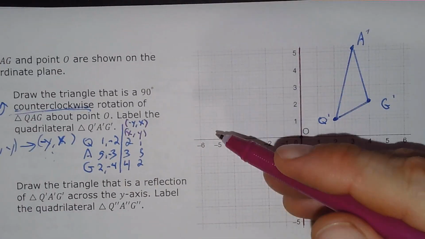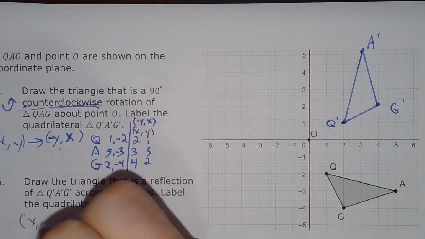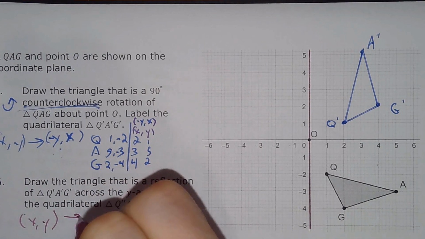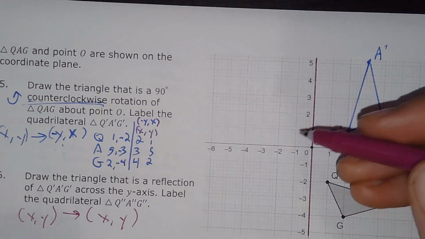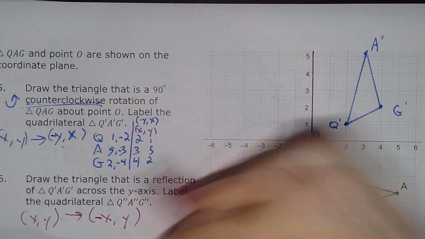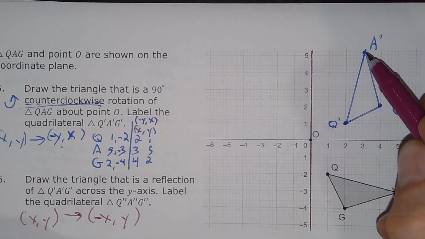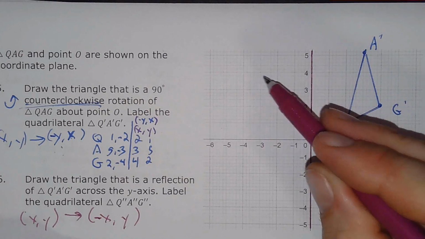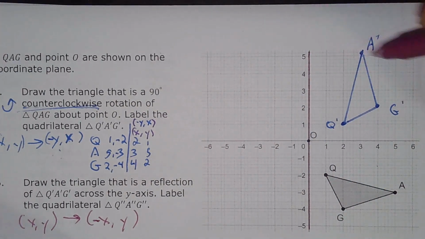Don't even really need to do a table for that. x comma y goes to negative x, y. The only negative sign is on the x, because the sign of x changes when it crosses the y-axis. But I don't need to make a table as long as I understand what it means.